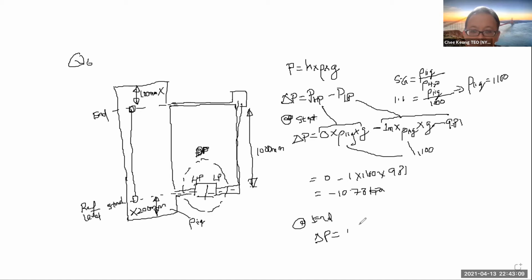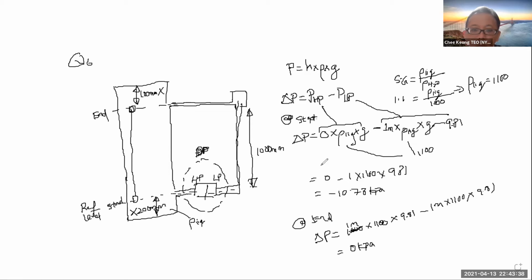So this is again 1000, which is 1 meter, multiplied by rho liquid 1100, multiplied by G 9.81. But on the other hand, the low pressure leg also is the same thing: 1 meter multiplied by 1100 multiplied by 9.81. So as a result, at the end it is actually measuring 0 kPa.